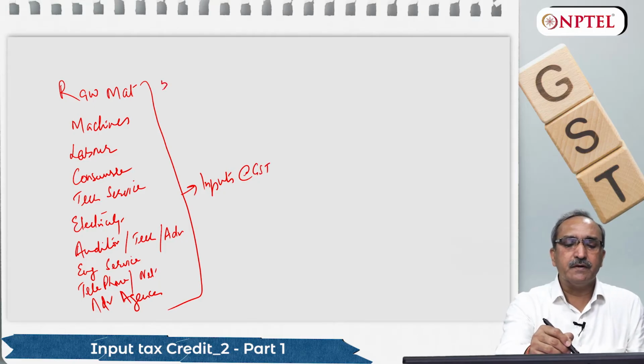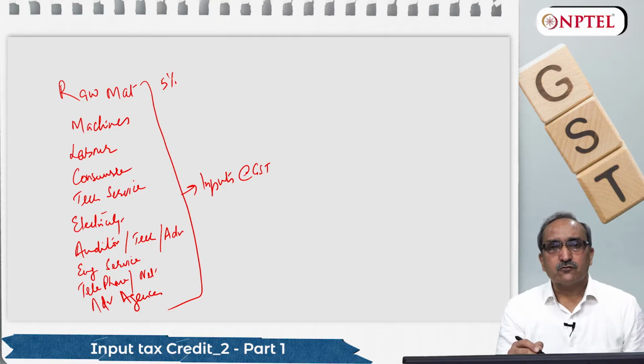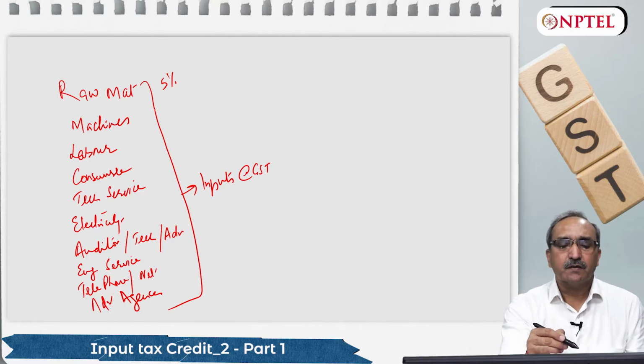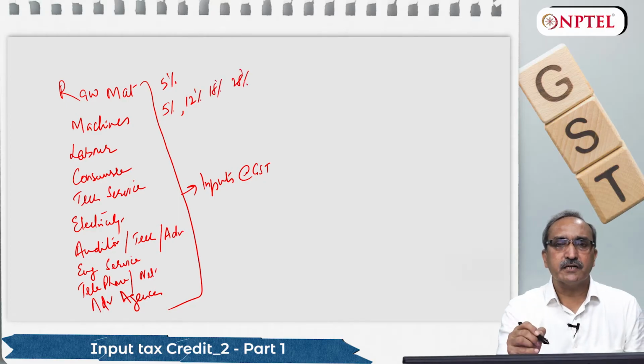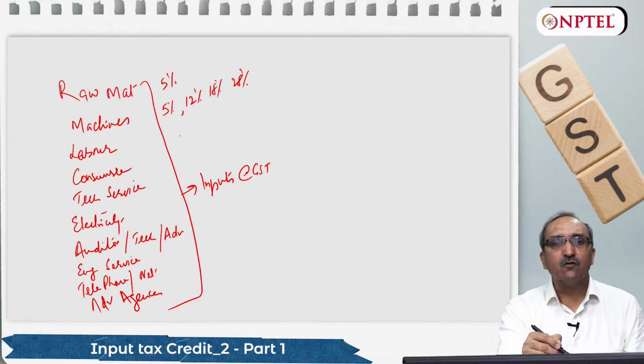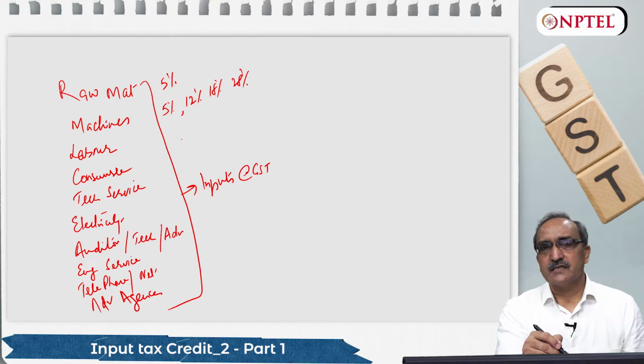My raw material may be subject to GST at the rate of 5%. My different machines may have different rates of GST: 5%, 12%, 18%, 28%. My labor is my employee, so there is no applicability of GST on employee services, because where there is an employer-employee relationship, GST is not applicable and it is out of the purview of GST.